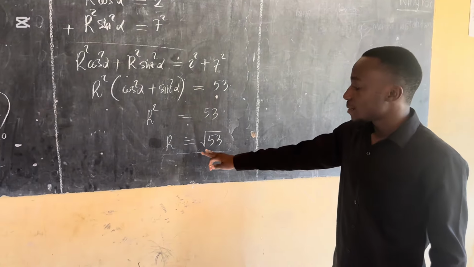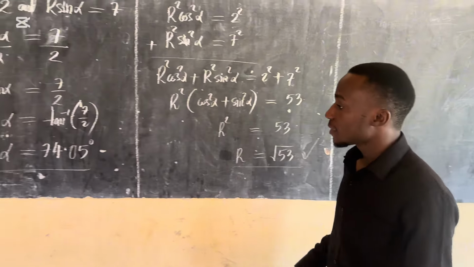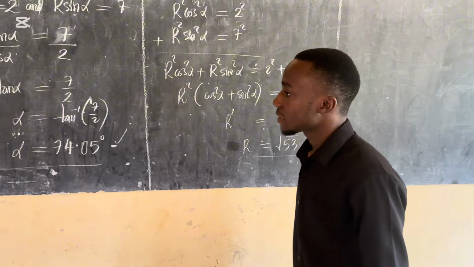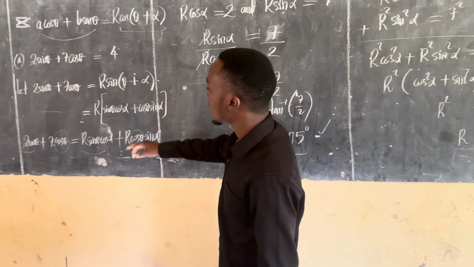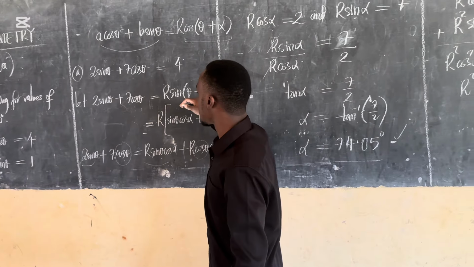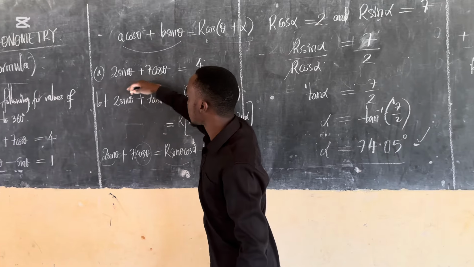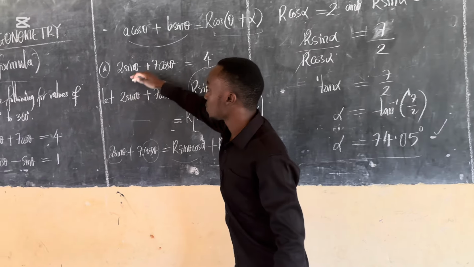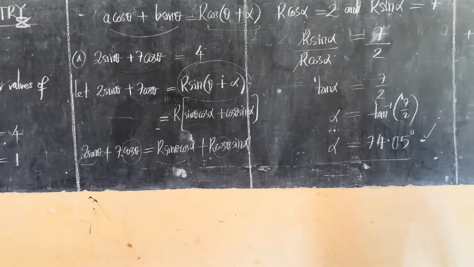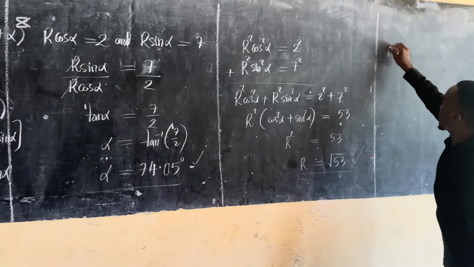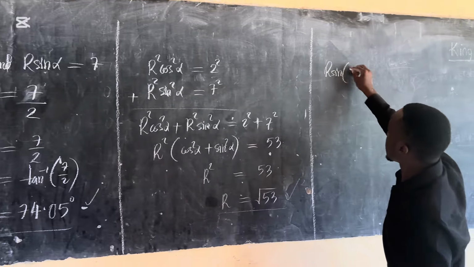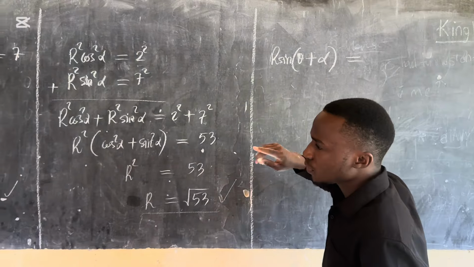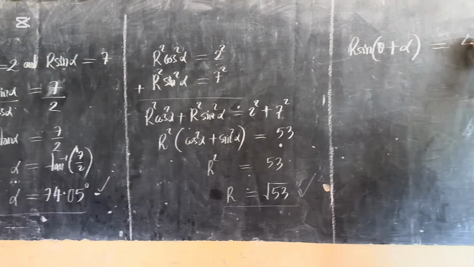So after getting our r and our alpha, we can now say that this we did let to be equal to this. We can now, instead of writing this, I will now write this in this one's position. So I write r sin theta plus alpha equal to 4.